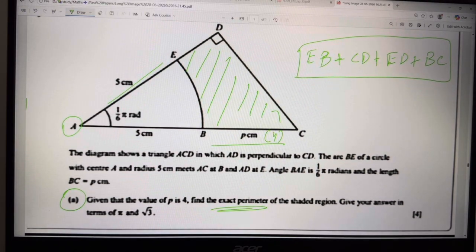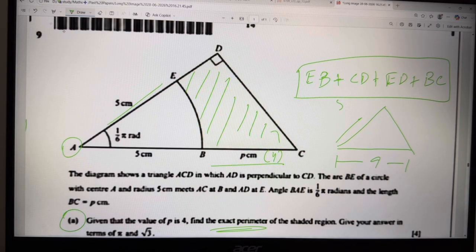Okay, so now if I make an example triangle here, it's like so. This length is equal to 9, because 5 plus 4 for this part. This part is 5, and this part is not known.